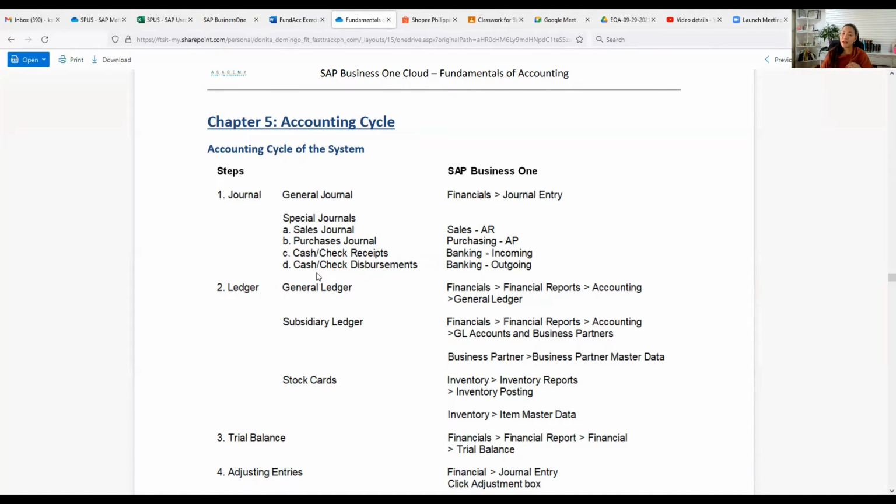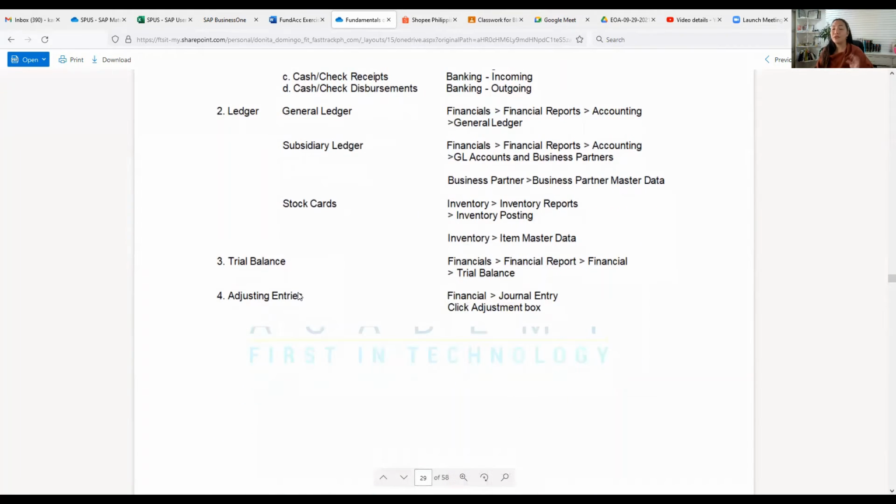If you want stock cards, like if you're a merchandising business with inventories, you go to inventory, inventory reports, inventory posting. All right, I hope it's clear, class. To check the items in the inventory, you go to inventory, then item master data. To check your business partners under the subsidiary ledger, you go to business partner, then business partner master data.